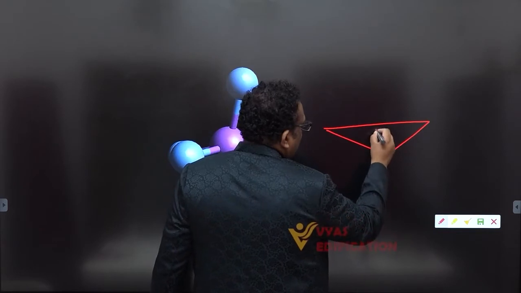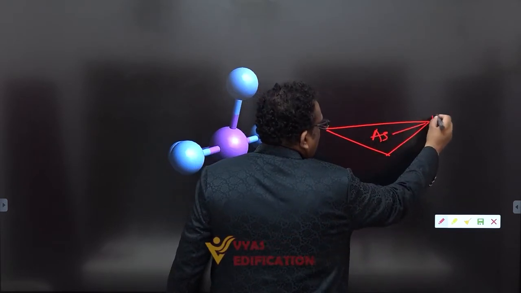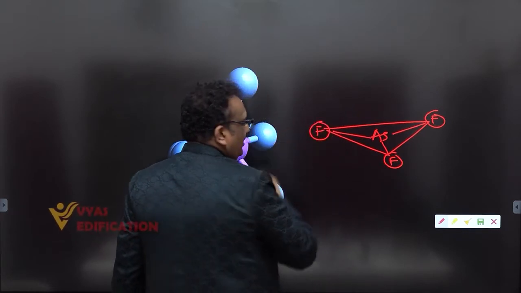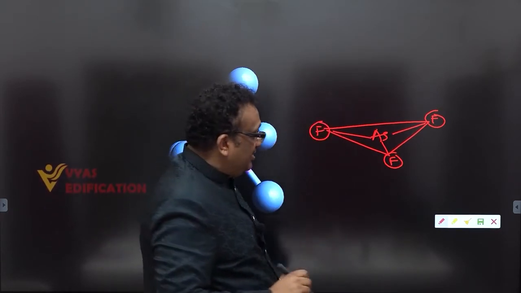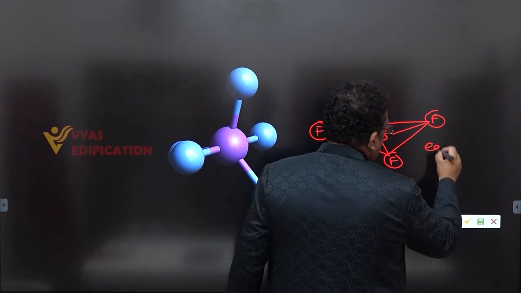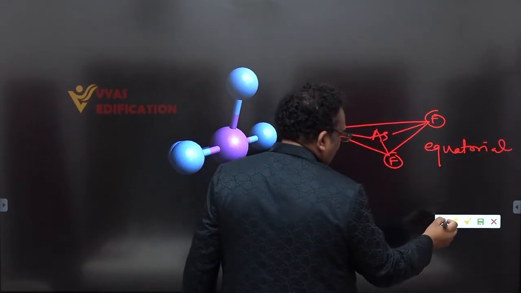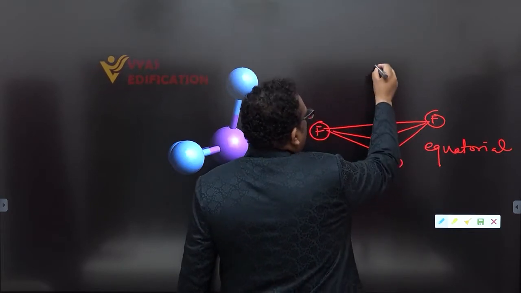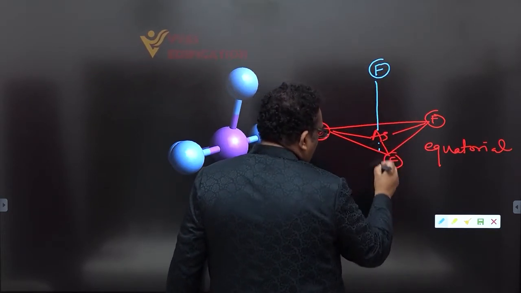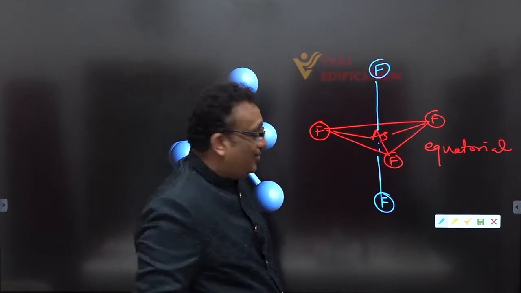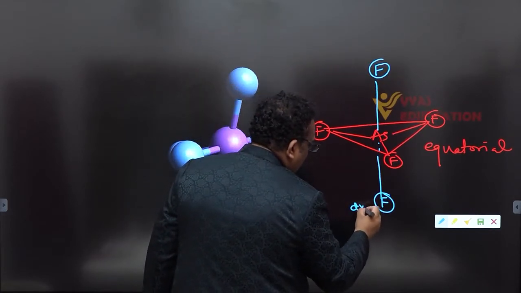Because you have central atom, arsenic, then you have F and F and F, like this. And these 3 locations are called equatorial positions. Fine. And what else? And you have 2 more F atoms, and these are called axial.